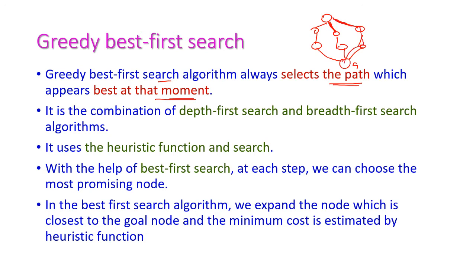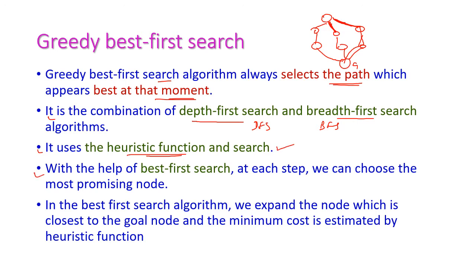It selects only that best path to reach the goal. It is the combination of depth first search and breadth first search, that is DFS and BFS, right? And it uses a heuristic function for searching the node.